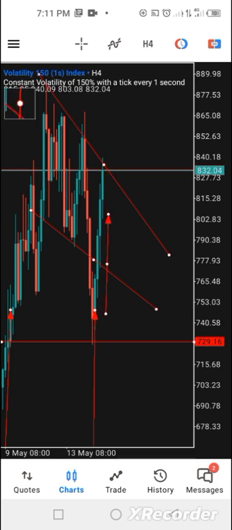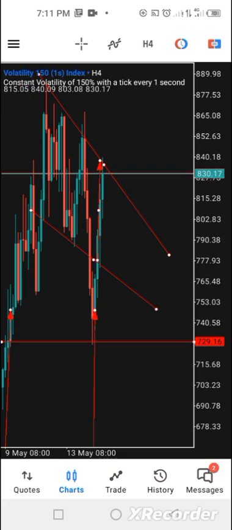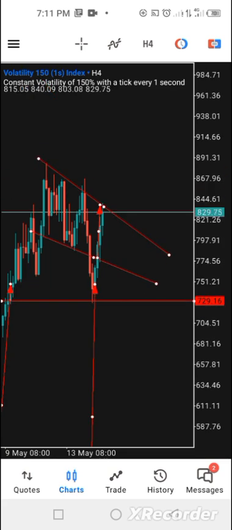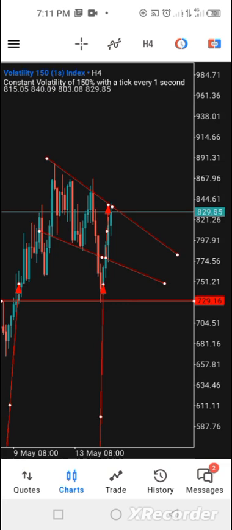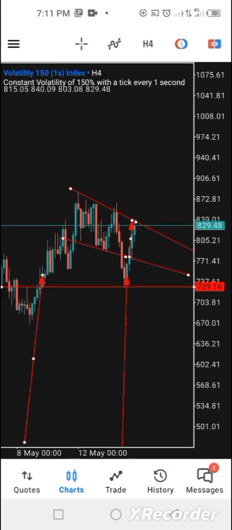You measure the beginning of this particular trend line and the end of this particular trend line. You measure it like this. As you can see here, it's touching.